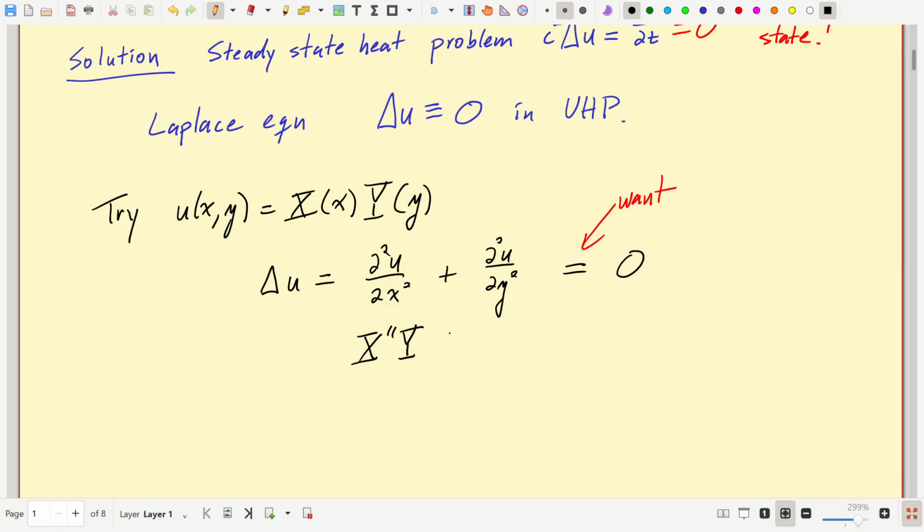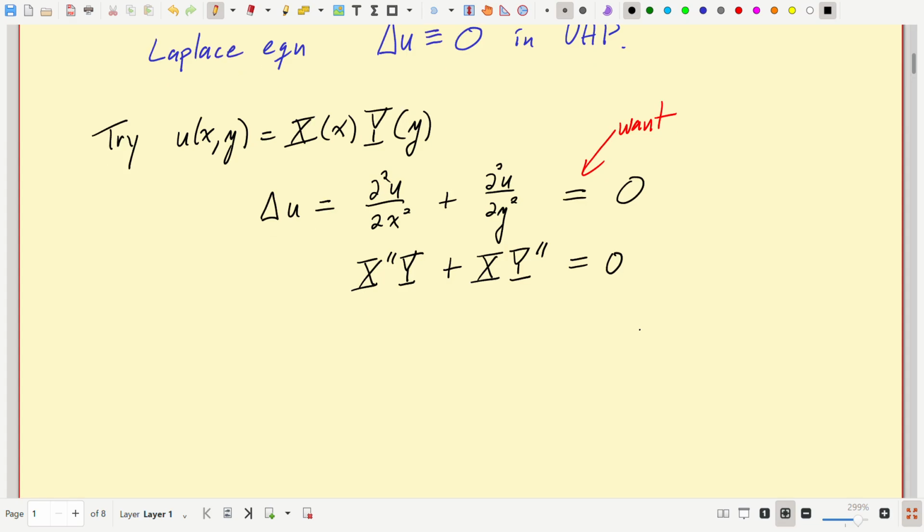And when they go on the y derivatives, they would pile on the Y function, and X would float along like a constant. And you stare at that for a second and realize I can put all the x's on one side and all the y's on the other side and get X double prime over X equals minus Y double prime over Y.